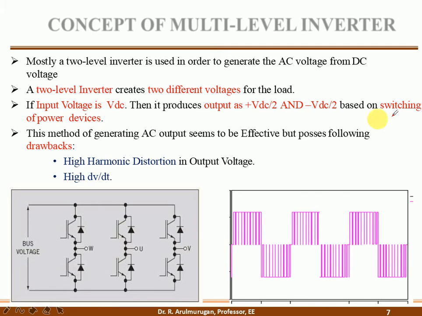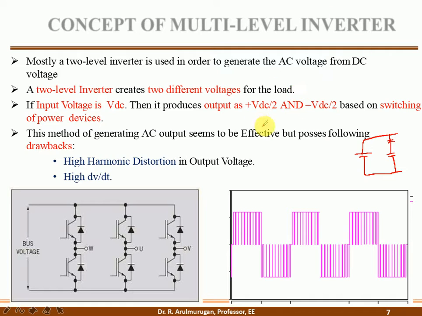So you will draw the circuit. It's a VDC value, and across the VDC you use two capacitors, so the total VDC is divided into two. So VDC by 2, VDC by 2, the values get divided.